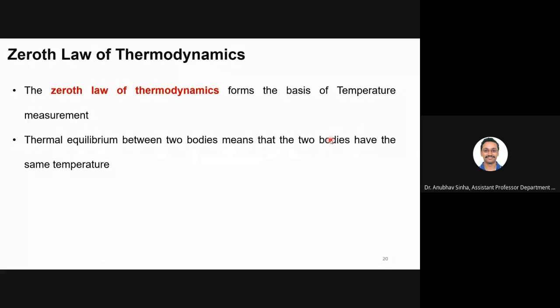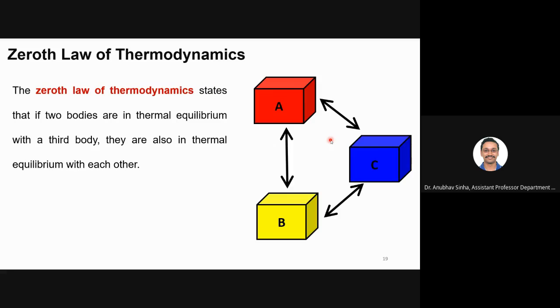I say that water boils at 100 degrees Celsius, and this is the reading I get for 100 degrees Celsius. Now if I take that thermometer to another body and measure the temperature, and it shows 100 degrees Celsius, it means that body is at the same temperature as the boiling water was. So I am making use of the zeroth law to measure temperature.